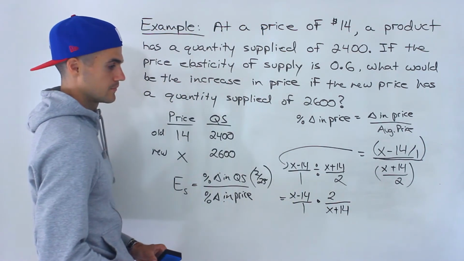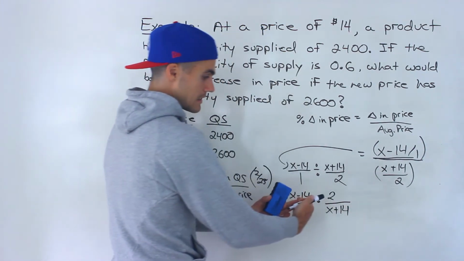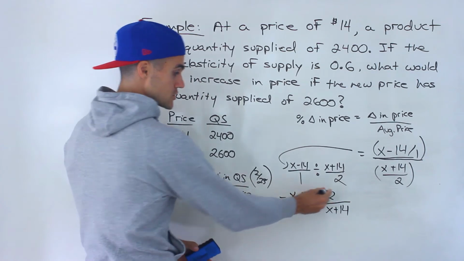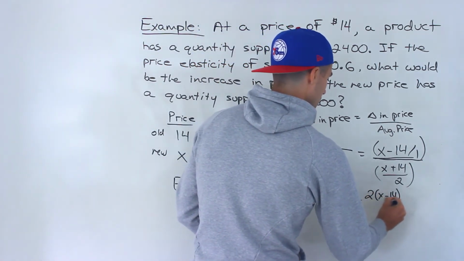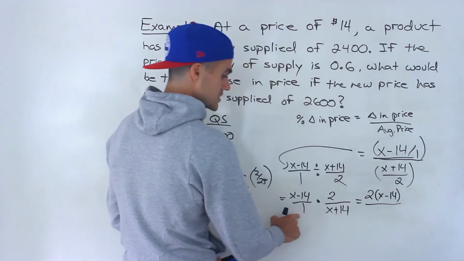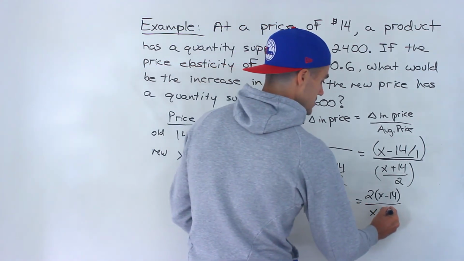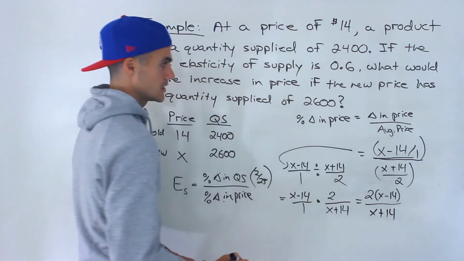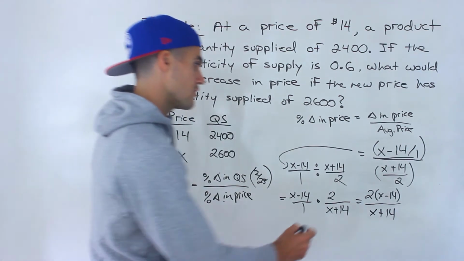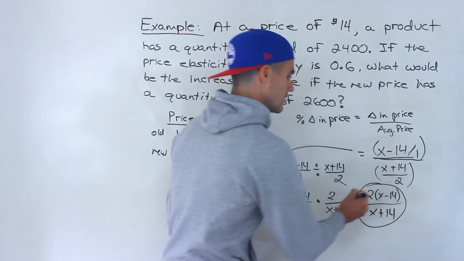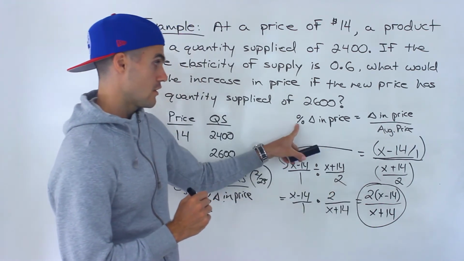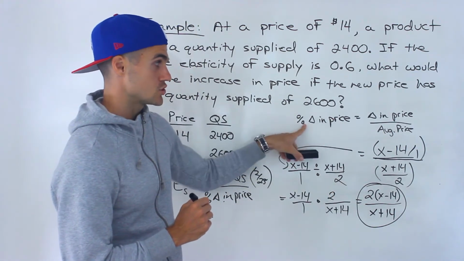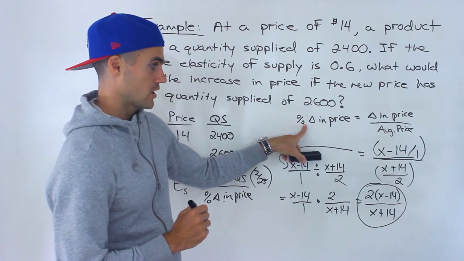And now we can combine these into one fraction: 2 times x minus 14 over x plus 14 times 1, which is just x plus 14. So this here is the expression for that percentage change in price.